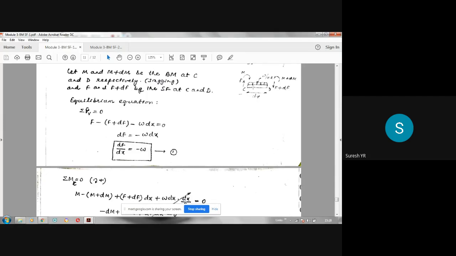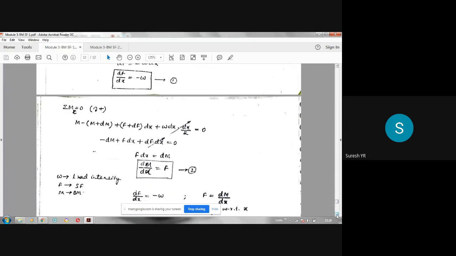Then W into dx is the force acting on this element, and it acts at a distance dx by 2. So its moment will be W into dx by 2. Once again, that is also clockwise because it is downwards. So to come to C, you have to move in the clockwise fashion. So plus W dx into dx by 2. So this is the moment equation.